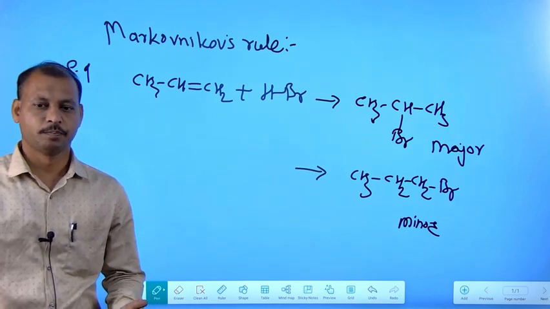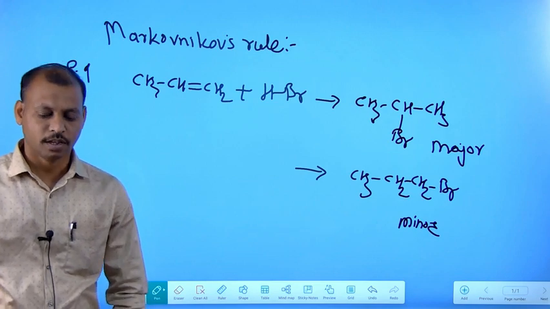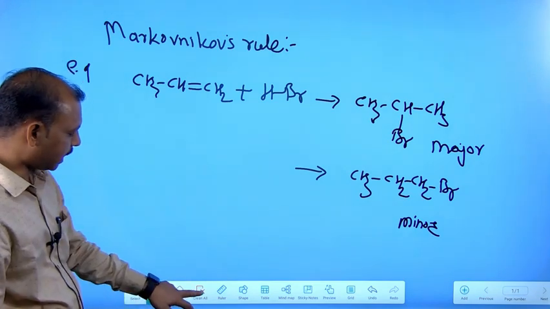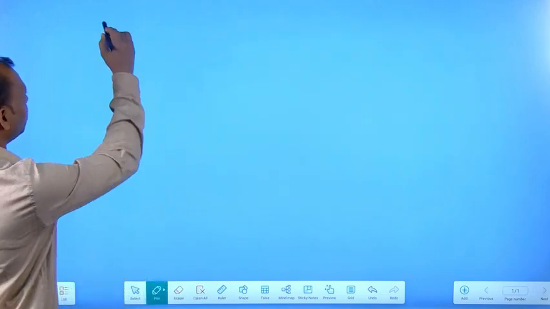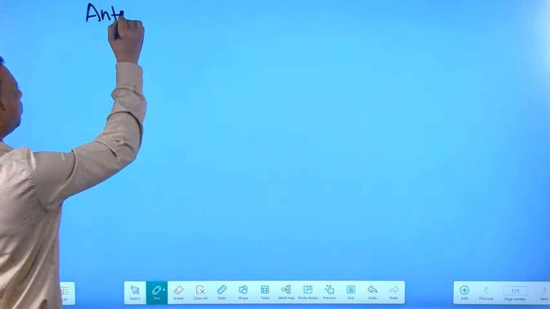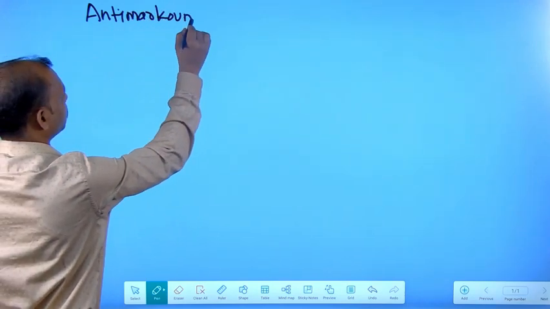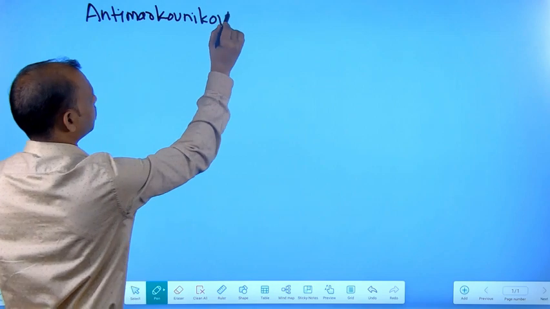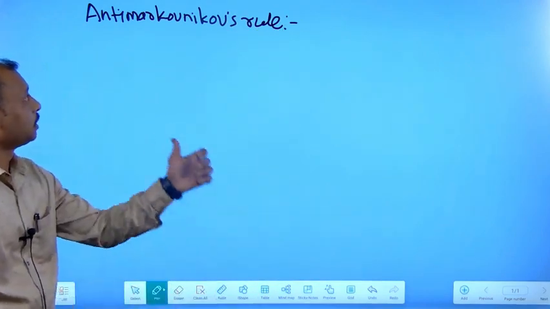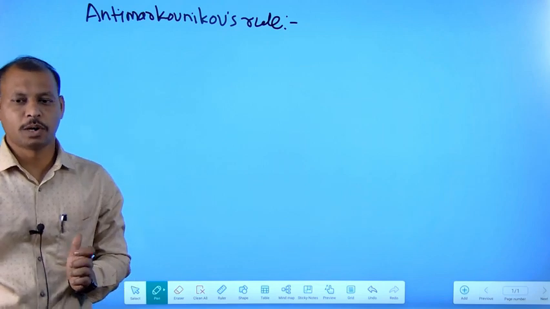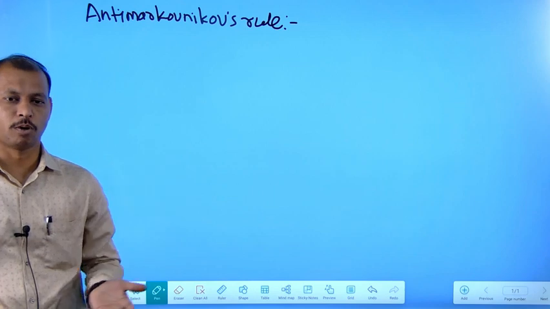Then we want to see the anti-Markovnikov rule for the addition reaction. This anti-Markovnikov rule is exactly opposite to the Markovnikov rule. As per the anti-Markovnikov rule, the negative part of the reagent goes to the carbon which has more number of hydrogens.